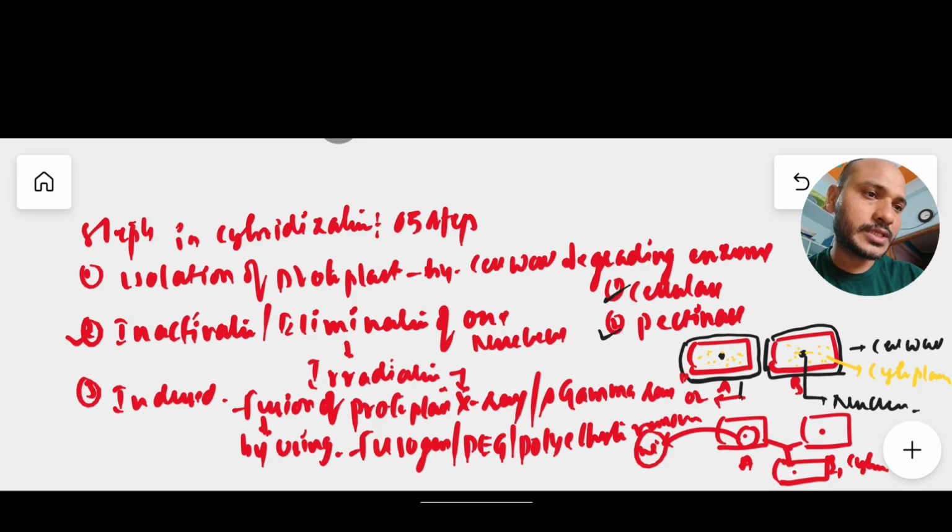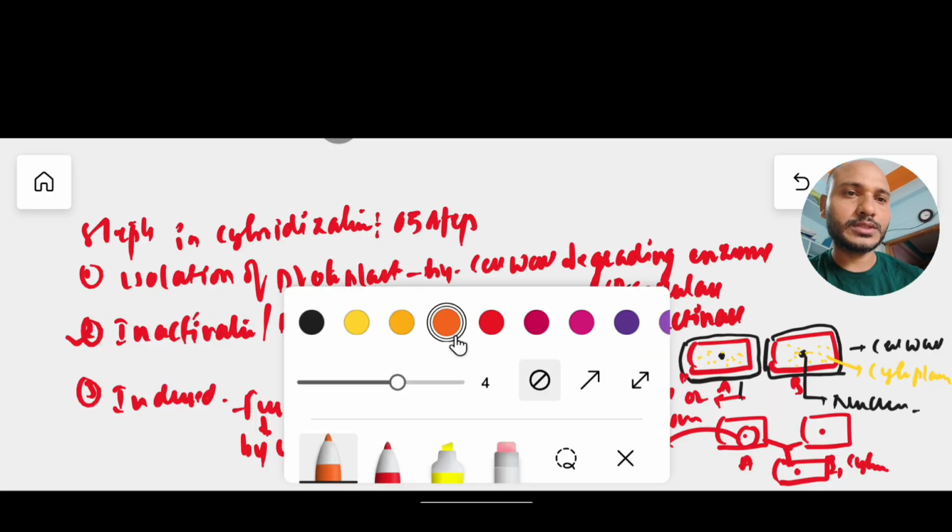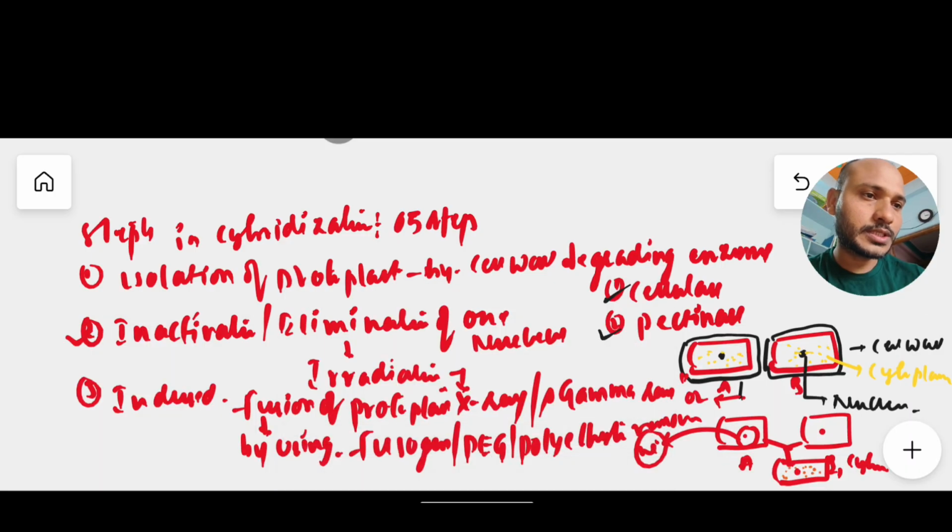Now this cybrid contains only one nucleus, but it contains the cytoplasm of both species. We'll draw it. Here it contains the cytoplasm of both species, but only one nucleus is present. That fusion of protoplasts of two different species is called induced fusion of protoplast by a chemical called fusogen or PEG, polyethylene glycol. So this is the third step.